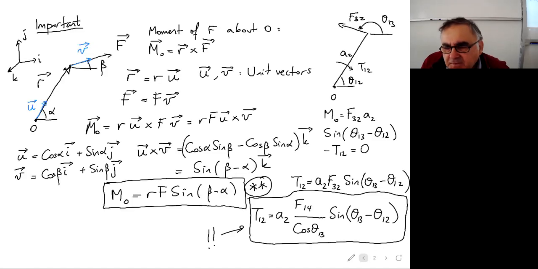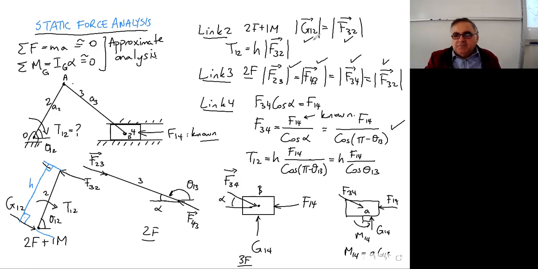As a matter of fact, in this case, for example, for this one, the fourth member, we can find G14, for example. We didn't really care about finding G14, but we could have found it, saying that this is F34 divided by, well, it is F34 sine alpha, right?